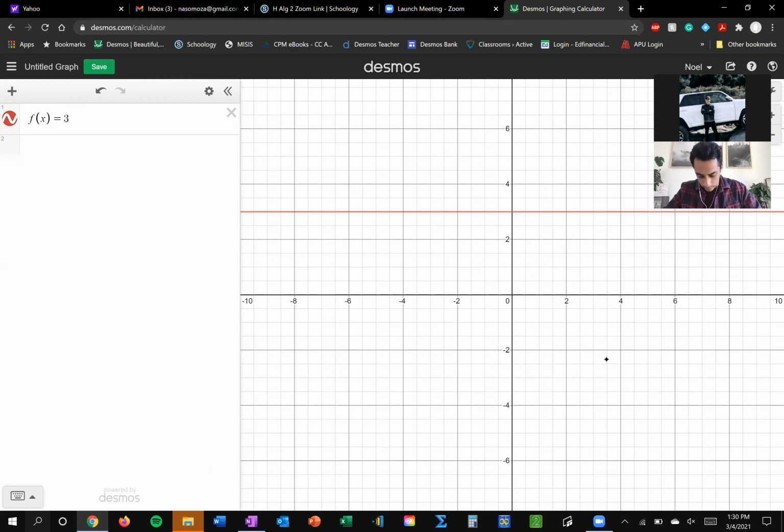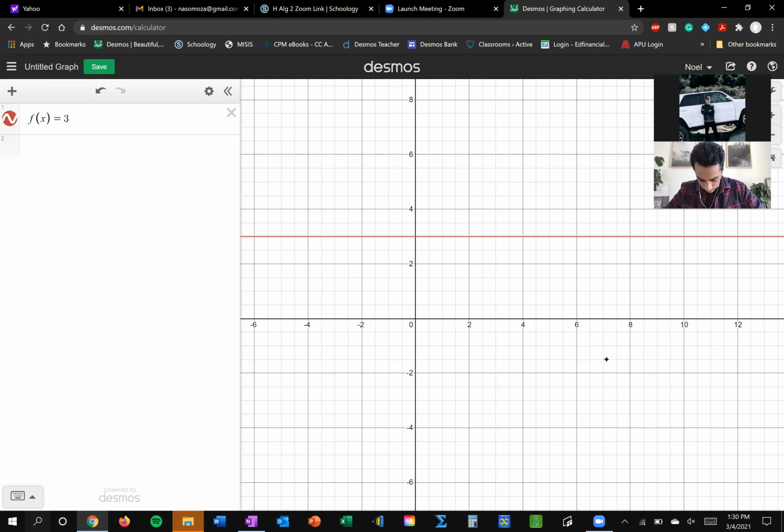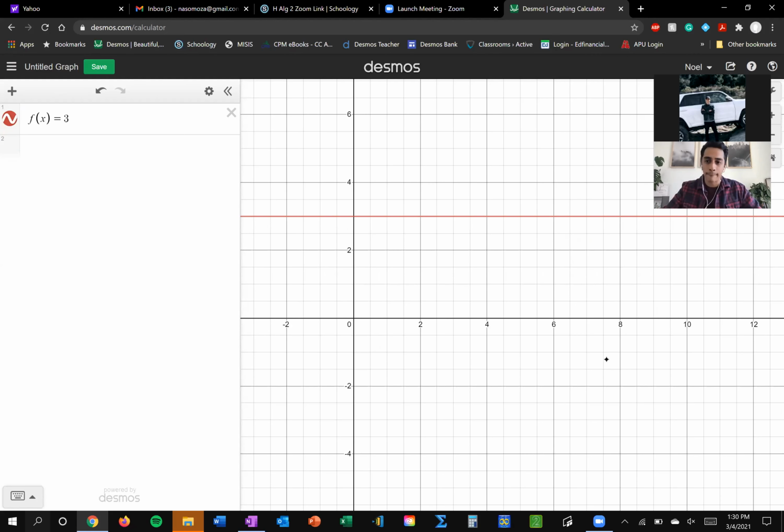You see what kind of line you get? It's horizontal, right? Which means what is the output going to be every time? Always 3. Does the input matter? Not really. Every input will always have 3 as an output.